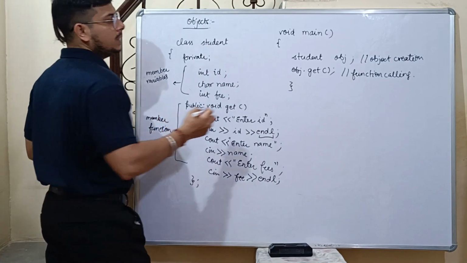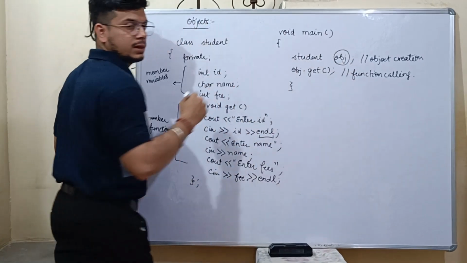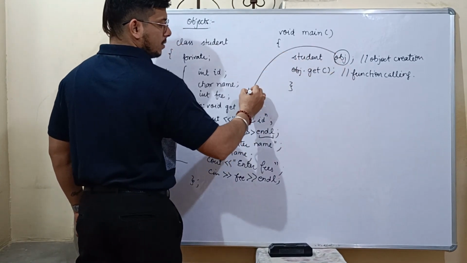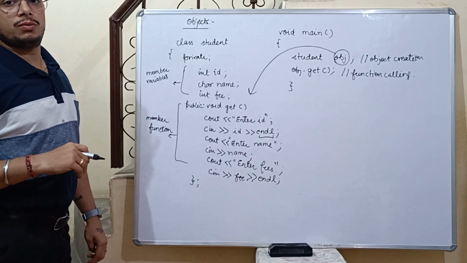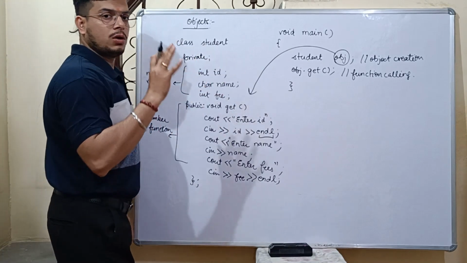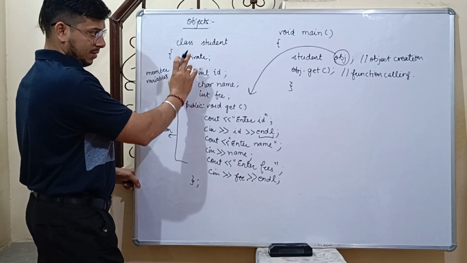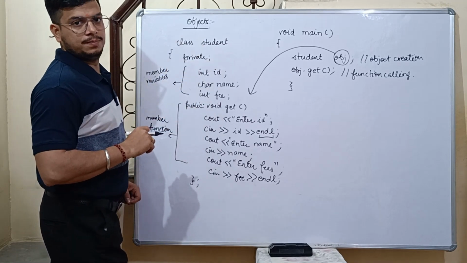So here you can see this object can access the member function. Without the object you are not allowed to access any function or variable of the class.